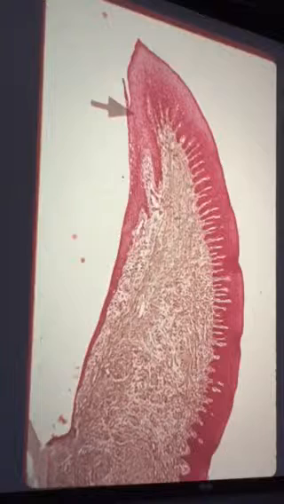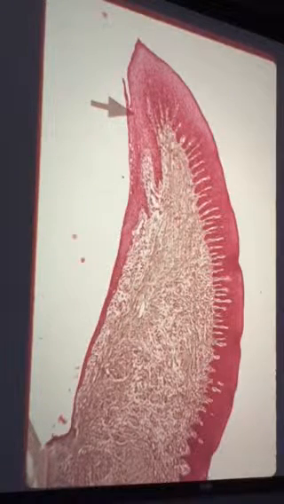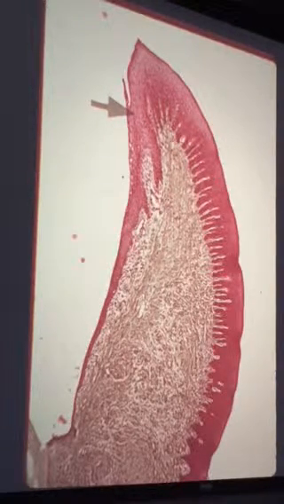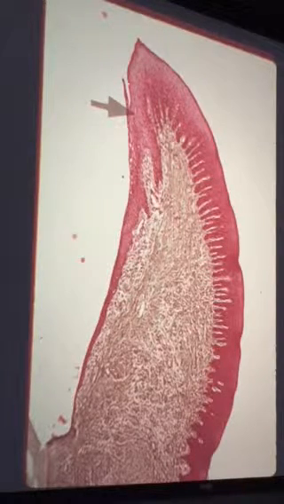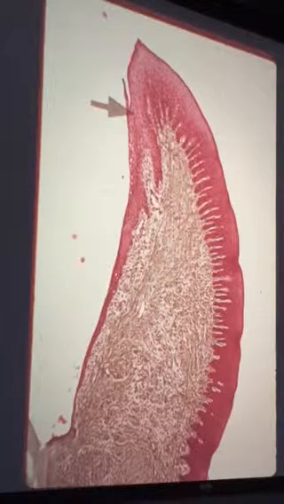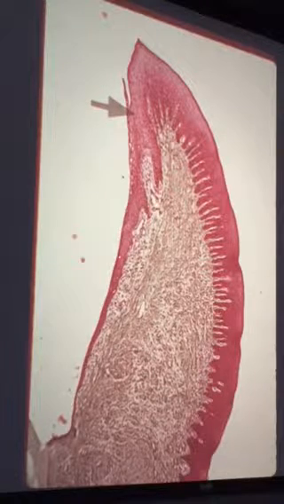Okay, and if we draw a line from there right across to there, what is this thing right there? Free gingiva. And in here, what is this tissue that we see right there? It's the sulcular epithelium. And this down here would be what?